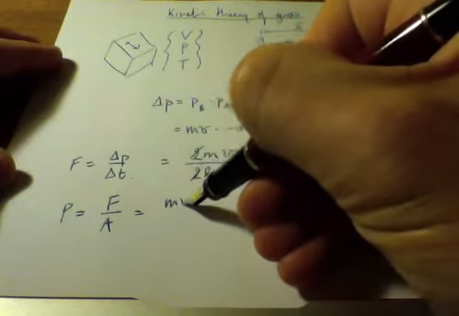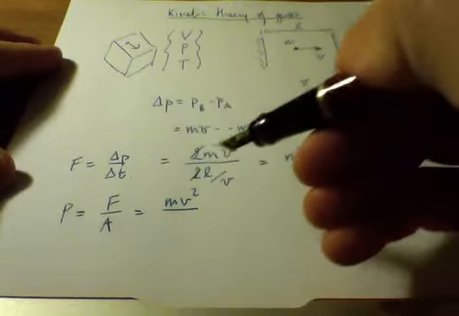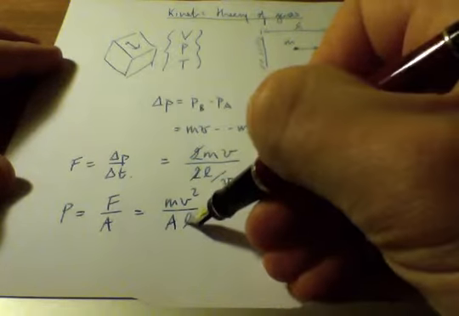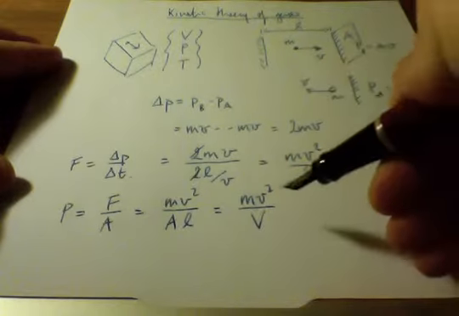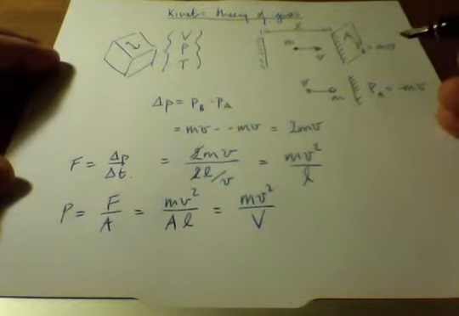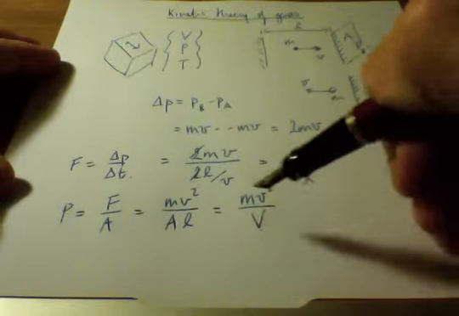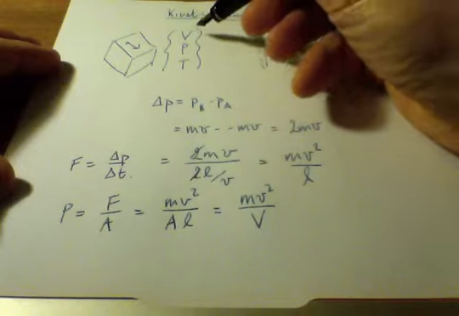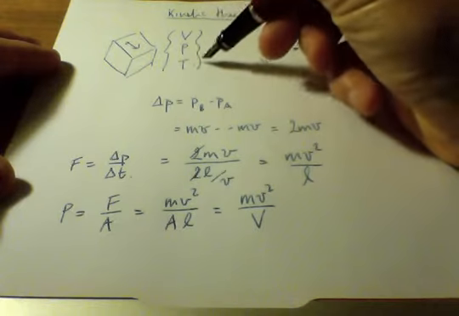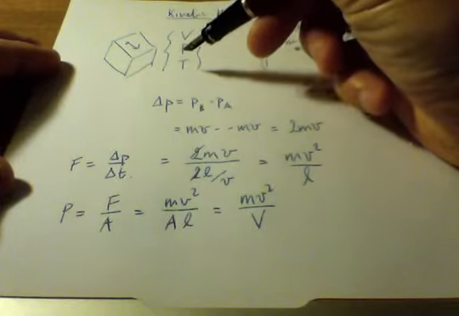We have mv squared over AL this time, which is saying mv squared over a volume. Superb. This is really interesting because we've got a volume now and a pressure, and you can see this is leading us back towards the values that we had in the first instance.